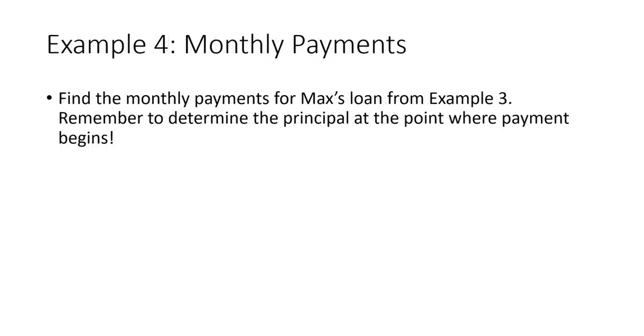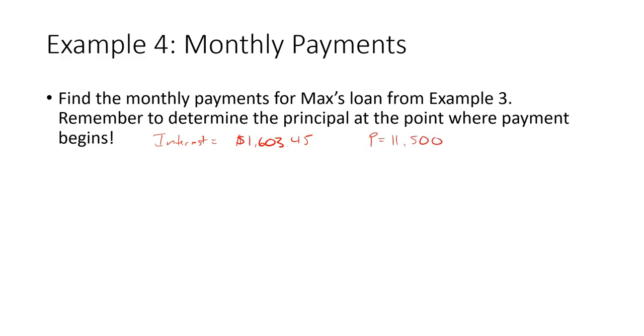So we want to find the monthly payments for Max's loan from example 3. To do that, we've got to determine the principal at the point where the payment begins. So we know how much interest is accrued when Max graduates and starts repayment. The interest from the last example was equal to $1,603.45. The principal, the amount that was borrowed initially, $11,500.